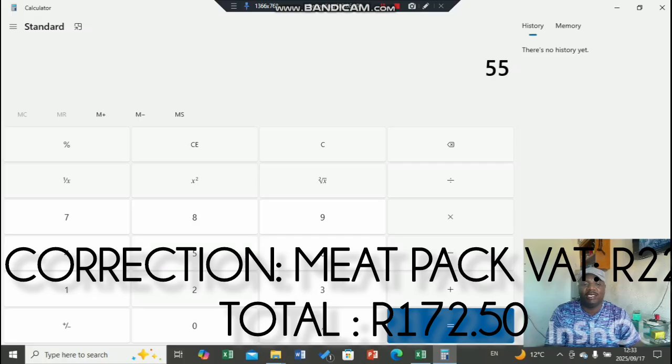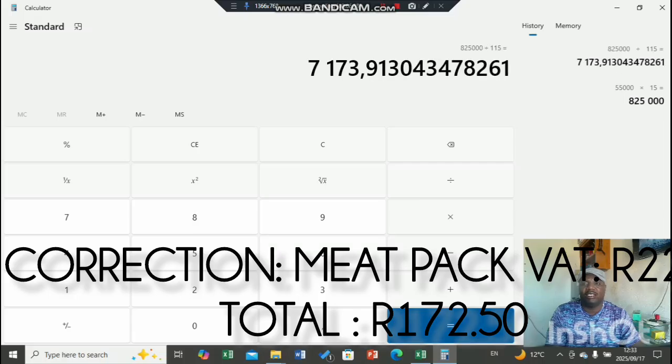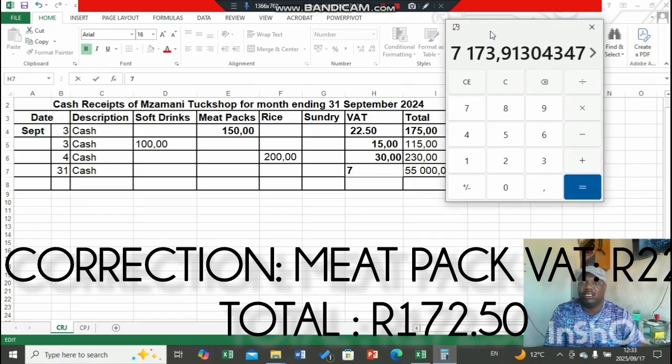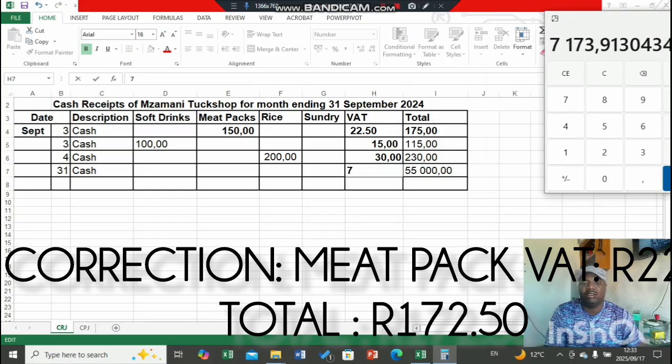So we'll say 55,000 multiplied by the VAT fraction of 15 divided by 115. 7,173.91. That is the VAT amount.